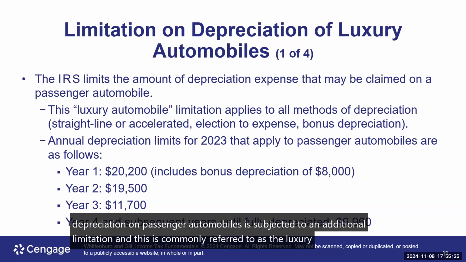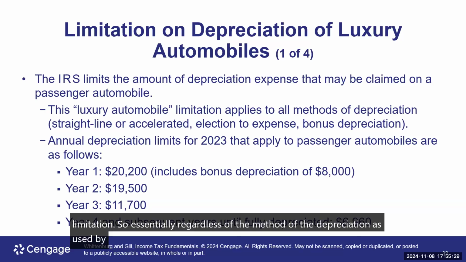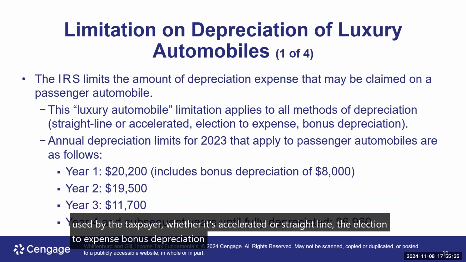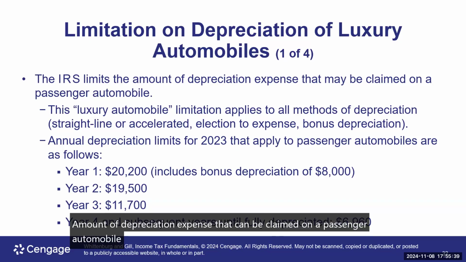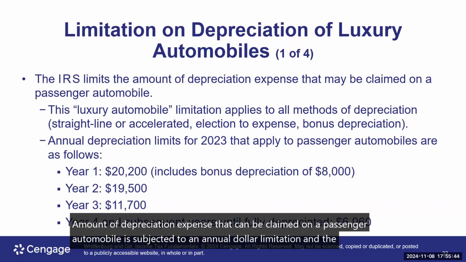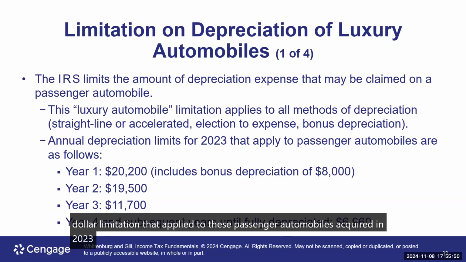Regardless of the method of depreciation used by the taxpayer, whether accelerated or straight line, the election to expense, or bonus depreciation, the amount of depreciation expense that can be claimed on a passenger automobile is subject to an annual dollar limitation. The annual dollar limitations that apply to passenger automobiles acquired in 2023 are listed below.